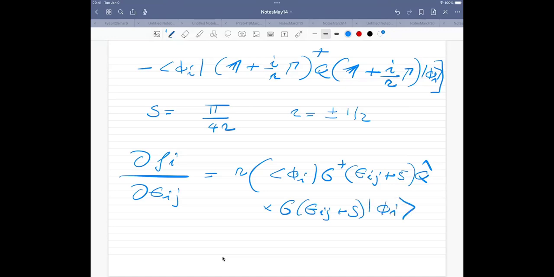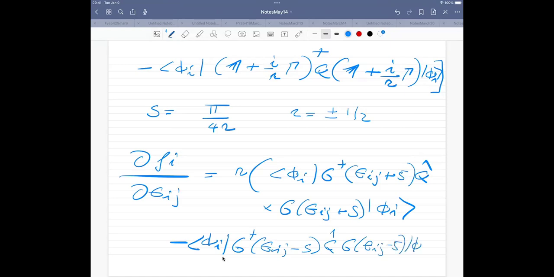And then comes the next term, which is minus phi of i, and then G of theta ij minus s, multiplied with Q of G of theta ij minus s.